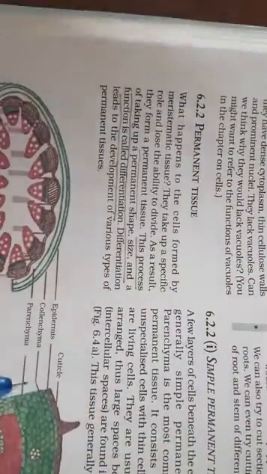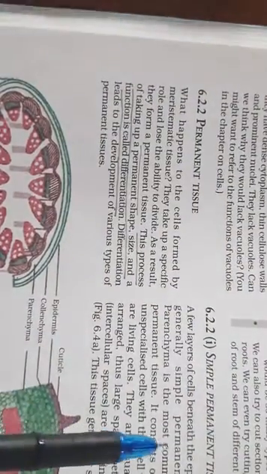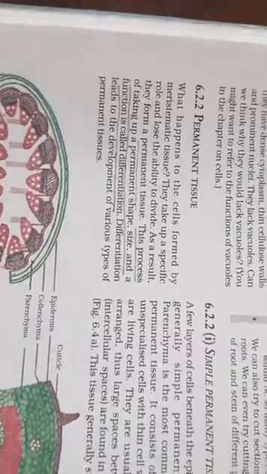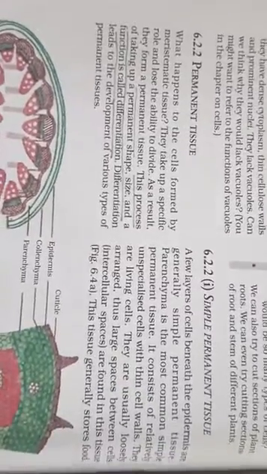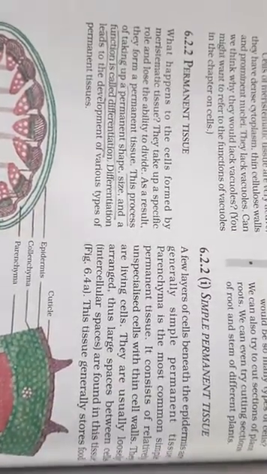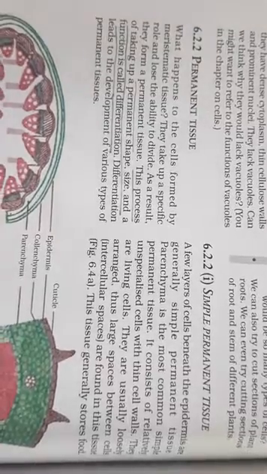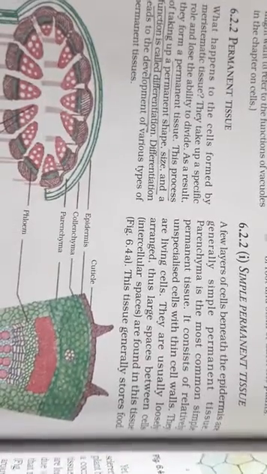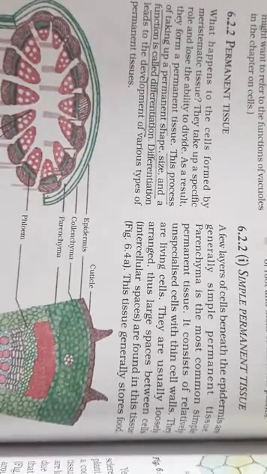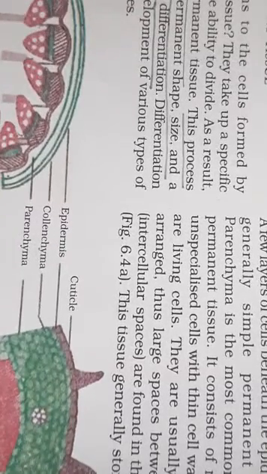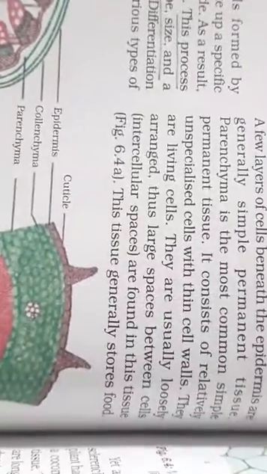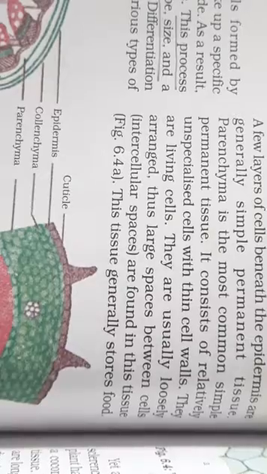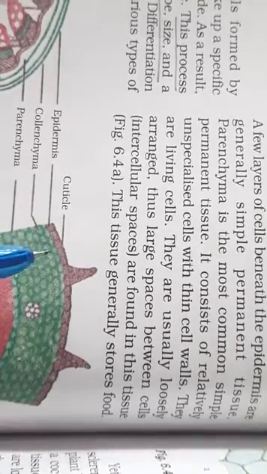Now, simple permanent tissue: there are a few layers of cells beneath the epidermis. What is the epidermis? If you cut a plant stem and observe it under the microscope, you will see a few layers like this.